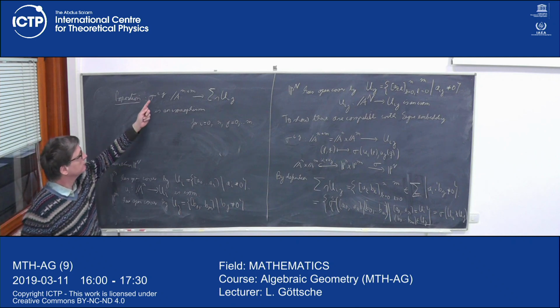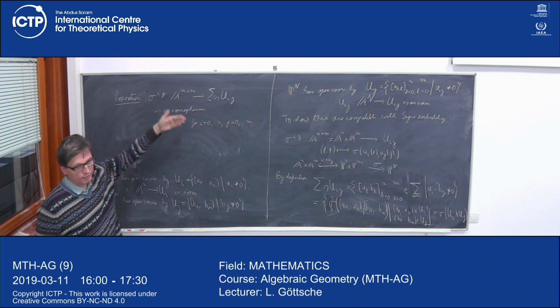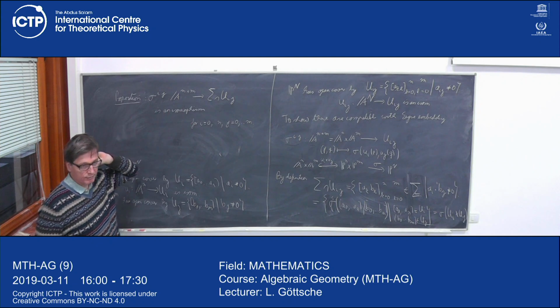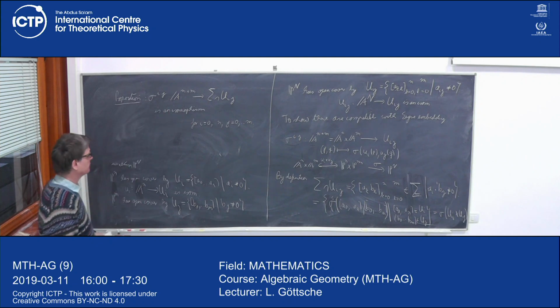Obviously, it doesn't depend on which i and j I choose. The argument will always be the same, so I can choose for simplicity that i is equal to 0, j is equal to 0.